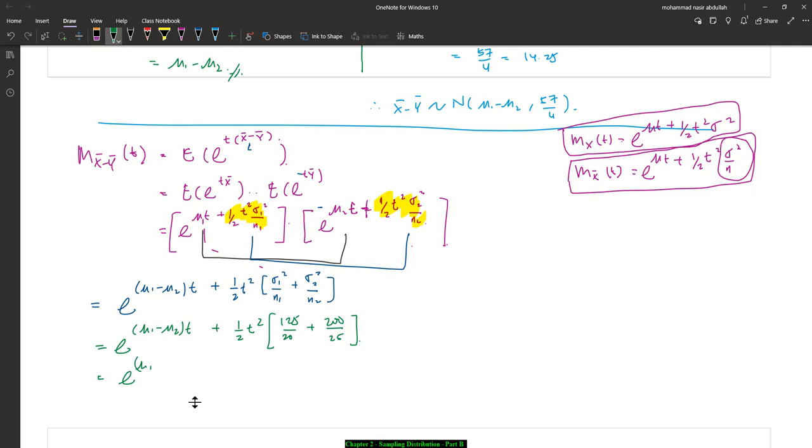This is 57 over 4 lah. Right, so we can say that this is having a normal distribution with mean equal to mu1 minus mu2 and variance equal to 57 over 4. Dan yang sama lah.